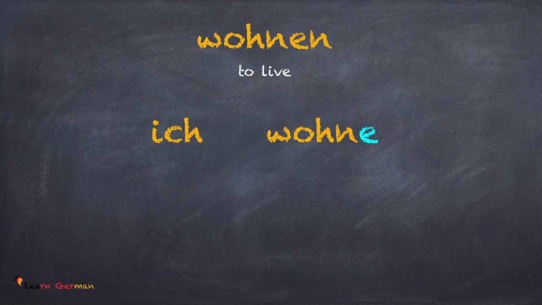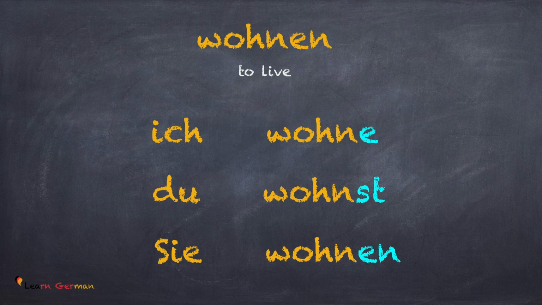Now when I conjugate this verb with the three pronouns that we have just done, you will see that with ich, you say wohne, du wohnst, sie wohnen. The conjugation of the verb with sie is the simplest of all because it's the same as the infinitive form. This is true for all the verbs.